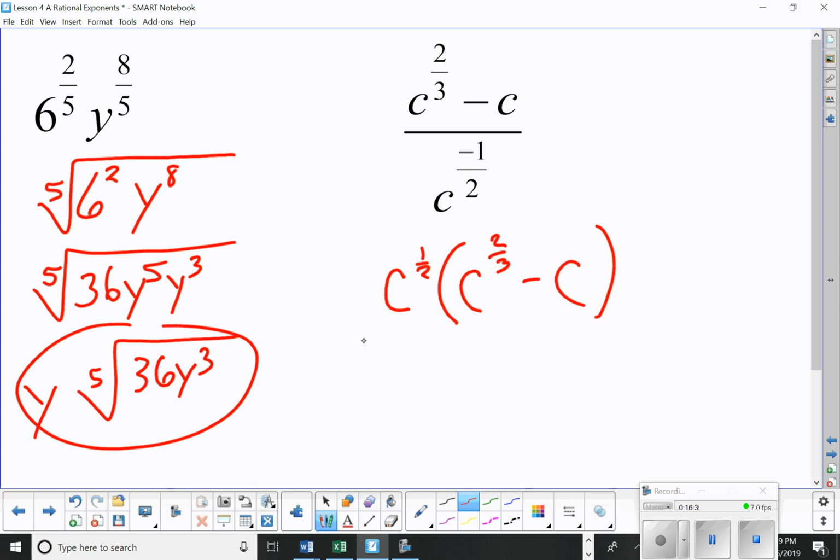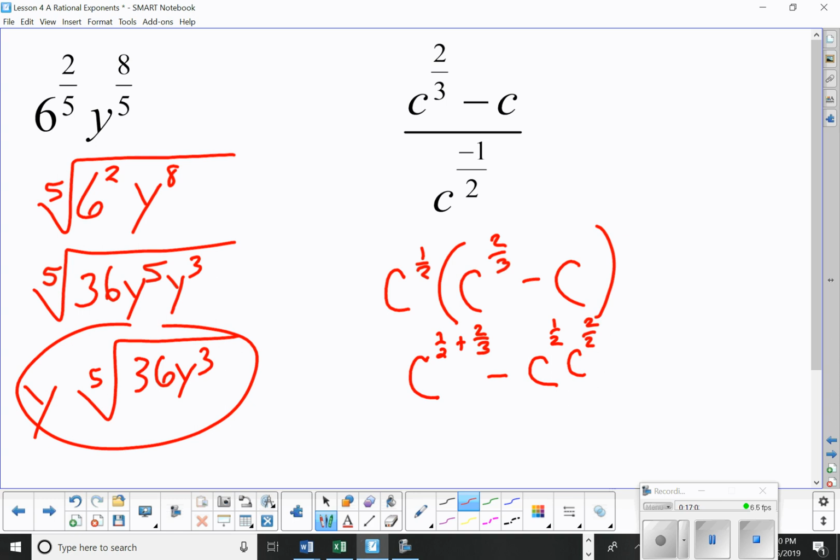When you distribute, because this was in the denominator, the negative makes it come up, you get c to the 1/2 plus 2/3 minus c to the 1/2 times c, and I'm just going to make this 2 over 2 because that's what 1 is.